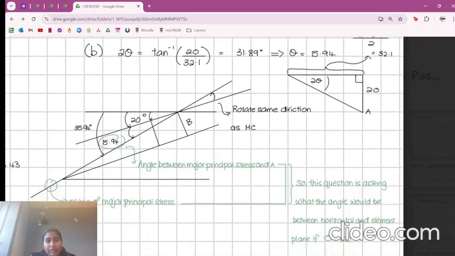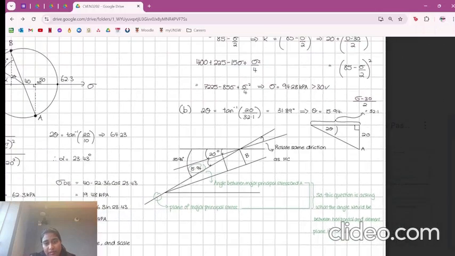So the angle that we just found here, the 15.94, is the angle between your major principal stress, so sigma 1, the stress value that's 100 kPa, and plane A. And then this line here, it's a little bit hard to see, but that is representative of the major principal stress, right? And then you've got your horizontal angle here.